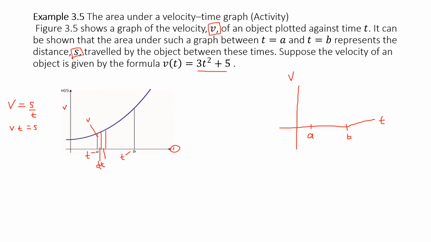So its integral, or the area of one rectangle, actually shows the distance.